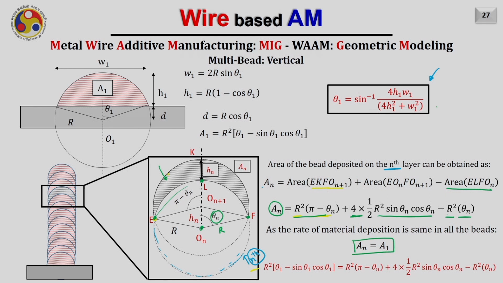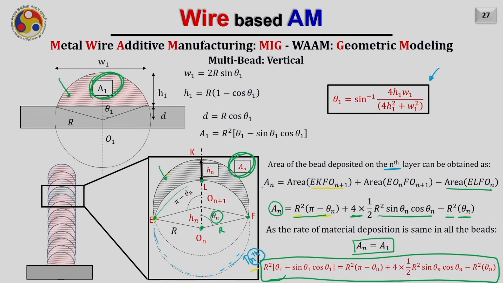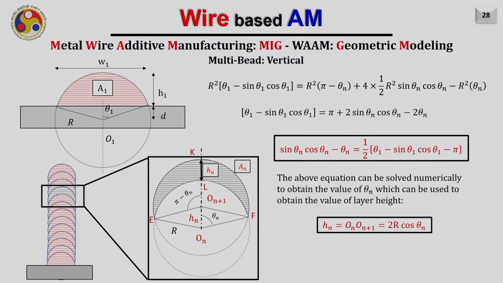That was the area A1 calculated when the bead is deposited on the flat bed, and the area we just calculated, An. After doing it, this will be the equation we obtained. We need to further simplify this equation, and the final expression will look something like this.